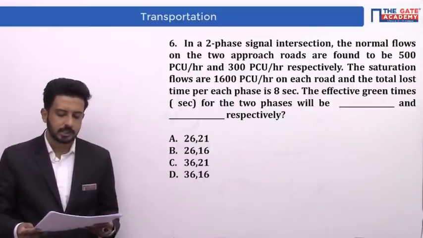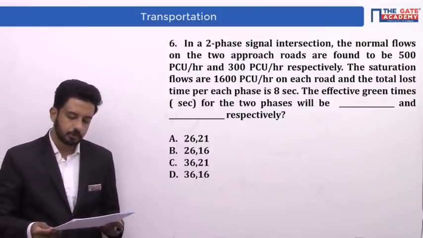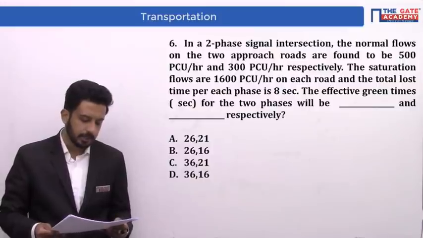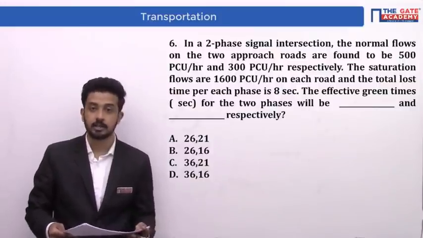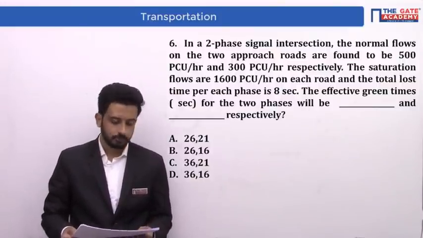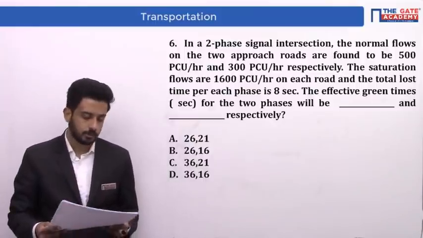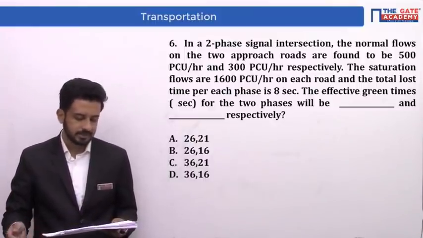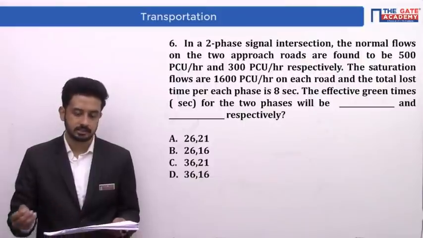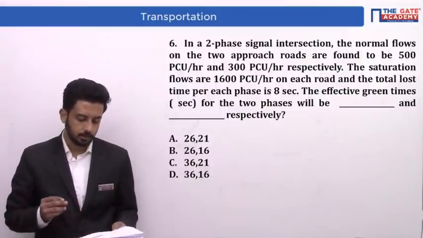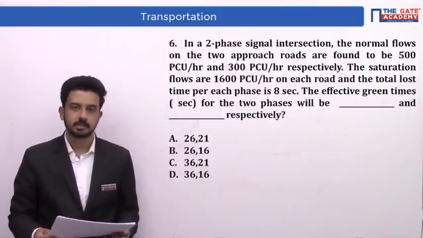The effective green times in seconds for the two phases will be dash and dash respectively. They have given 4 options also: 26, 21; 26, 16; 36, 21; and 36, 16.